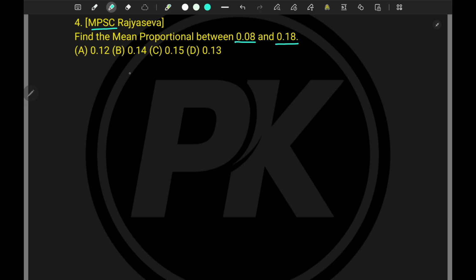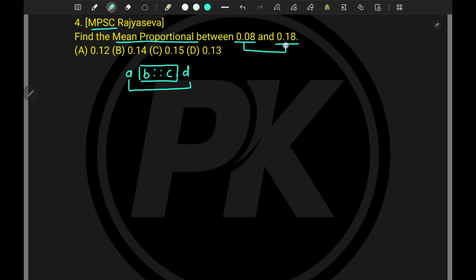If you don't remember, at least remember that this was something we studied in proportion. Now they are asking for the mean proportional. These are the extremes and this is the mean, so they are asking us to find the mean proportional.